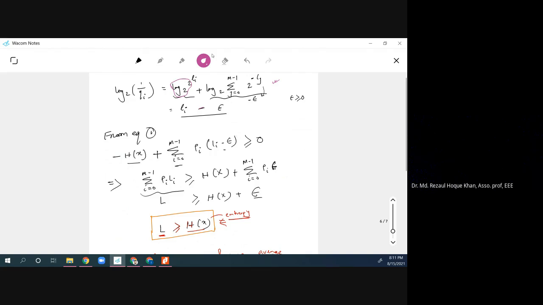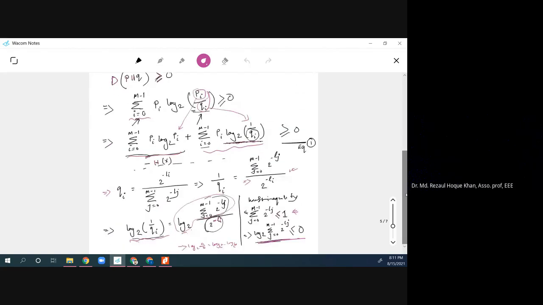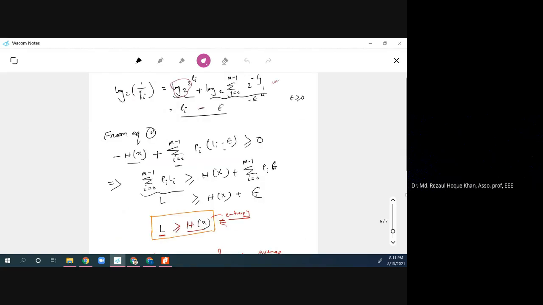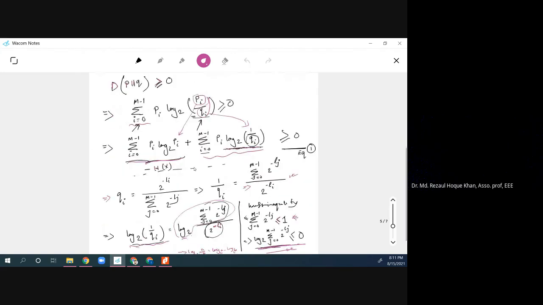Now this one, we know that this will be a negative value, right? From the previous equation, this will be log2 of this value. These are negative values. Okay, so it's a negative value. Give it a name, f psi.